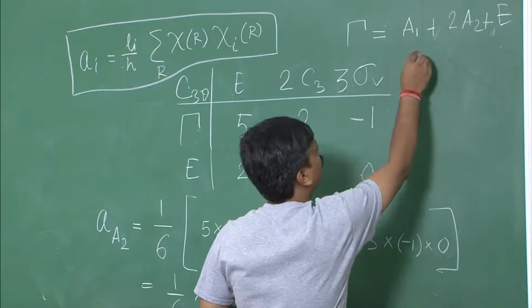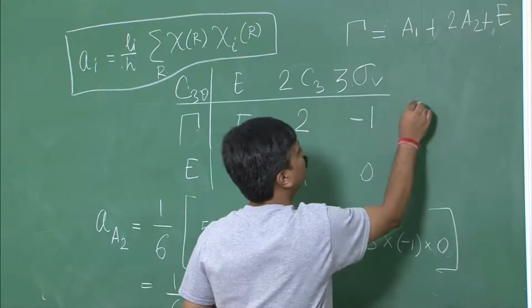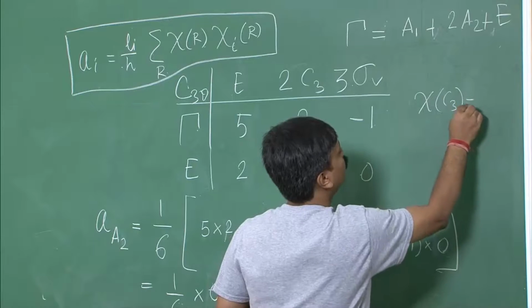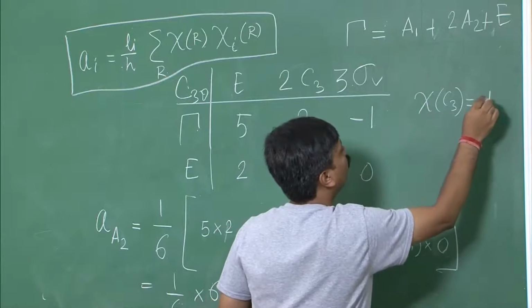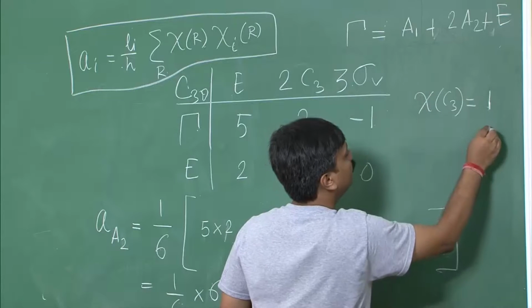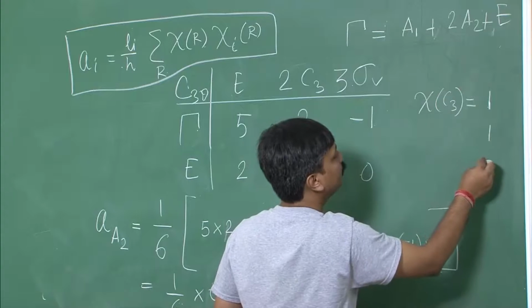So what you have is 1, you can find that out. So corresponding to C3, the character for C3 equals to 1 for A1, and for A2 it is again 1, and for E it is minus 1.